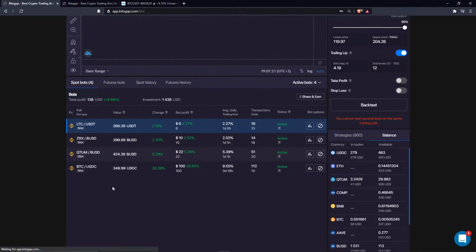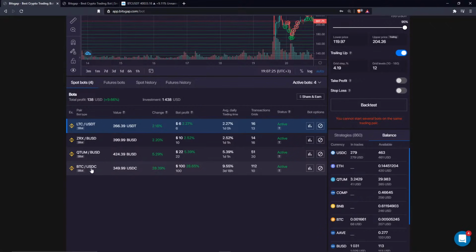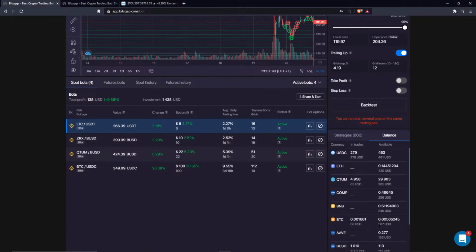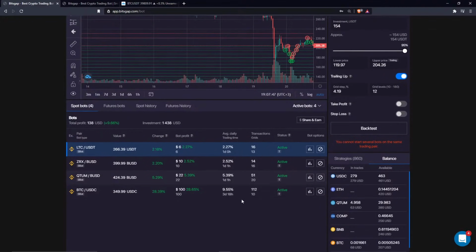You can see that not only do I have Bitcoin here in active trade, and if you open details, you see that's the exact amount that I currently have in this trade. That's my current risk exposure in this particular trade. But apart from that, I also have Bitcoin on my balance here, from when I entered the market manually.